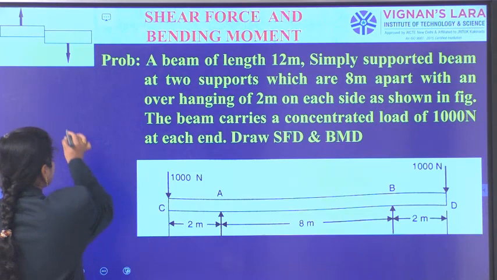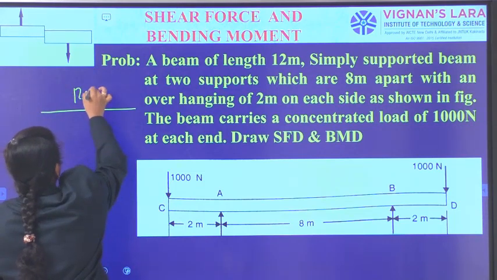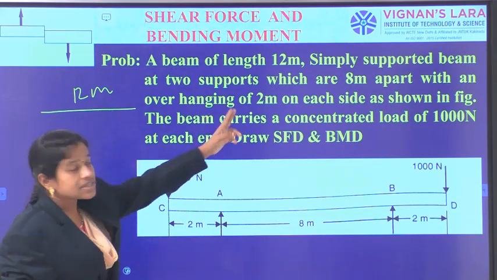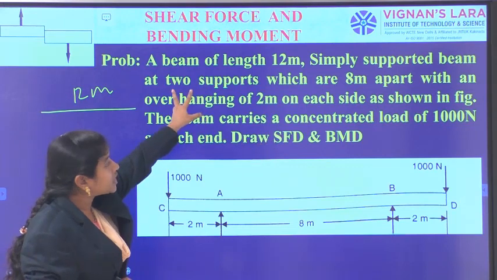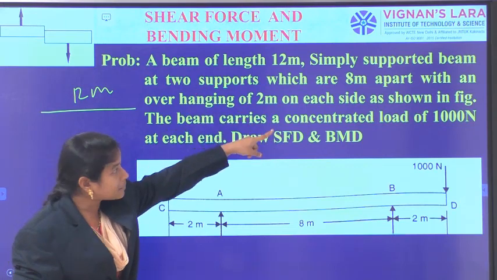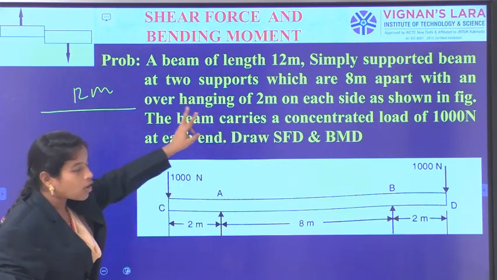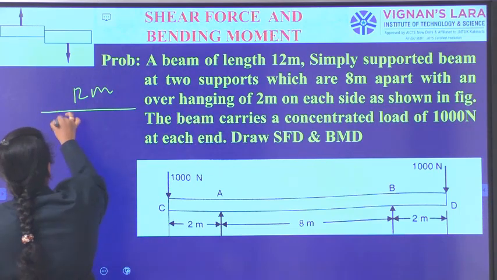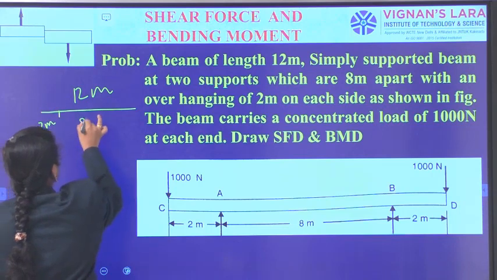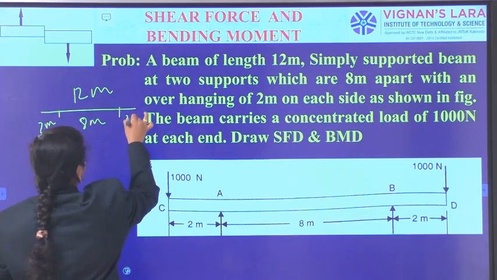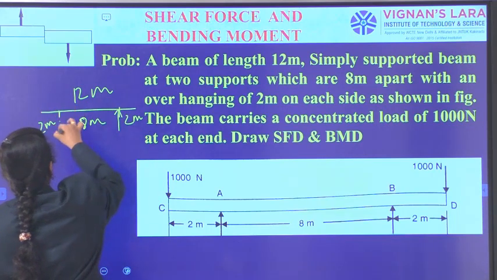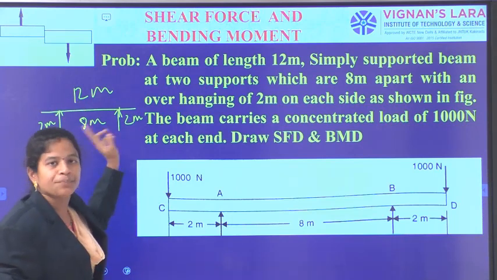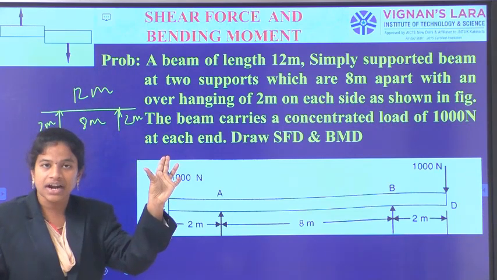So, a beam of length 12 meters is simply supported with two supports which are 8 meters apart, with an overhanging of 2 meters on each side. So, with an overhanging of 2 meters on each side, the simply supported beam has two supports 8 meters apart.